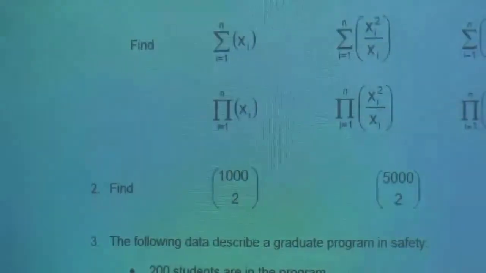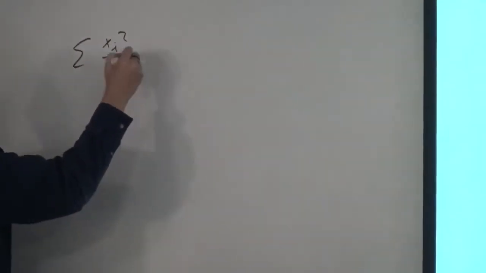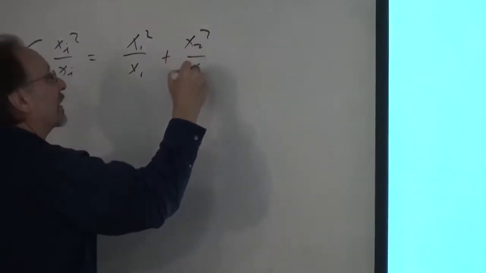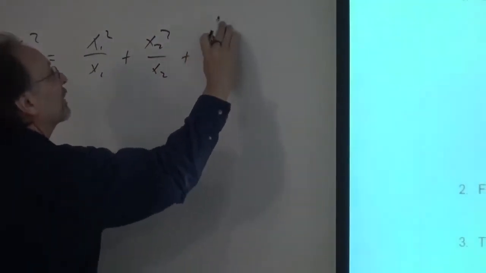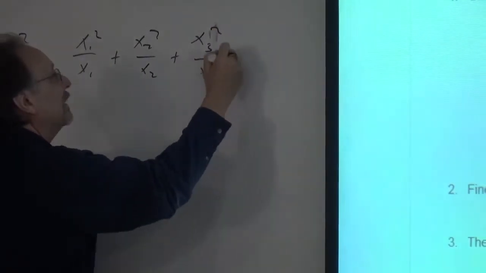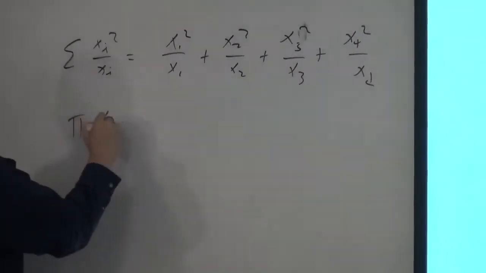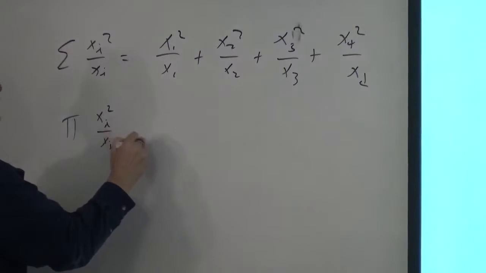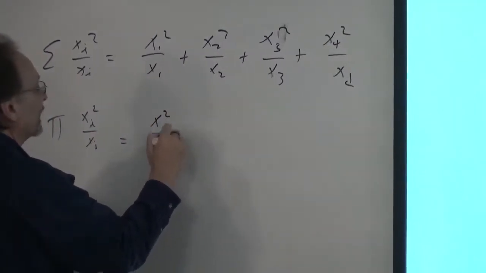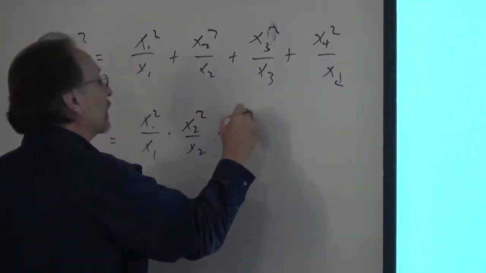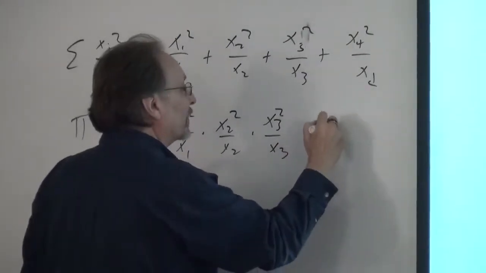As an example, the summation of xi squared over xi is equal to x1 squared over x1 plus x2 squared over x2 plus x3 squared over x3 plus x4 squared over x4, whereas the product of xi squared over xi is x1 squared over x1 times x2 squared over x2 times x3 squared over x3 times x4 squared over x4.